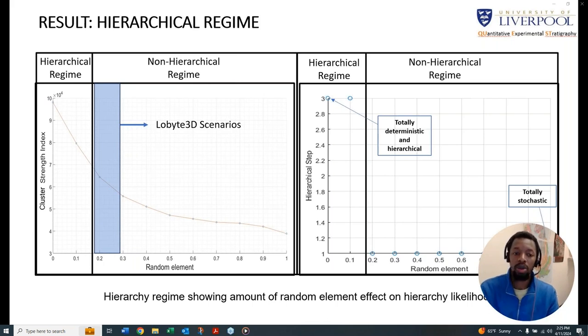So we combine these two to divide the whole spectrum into the hierarchy regime and the non-hierarchy regime, whereby from 0 to about 18% random elements we have the hierarchy regime, and from 18% upwards we have the non-hierarchy regime.